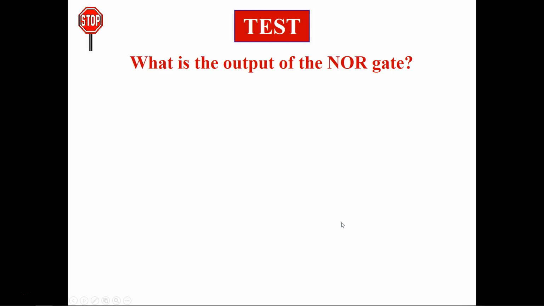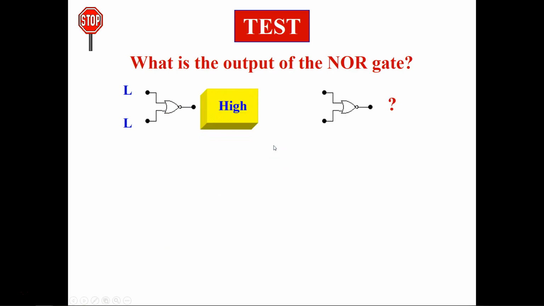Now let's do a quick test again. What will happen if both the inputs are low? If both the inputs are low, which means 0, 0, the output is going to be 0 for the OR gate, and if we take the complement of 0, then it's going to be 1, which is high. And then we have low and high, which is 0 and 1, and adding them up will make 1 for the OR gate, and then the complement of that is going to be 0, so that's why we have the low output.